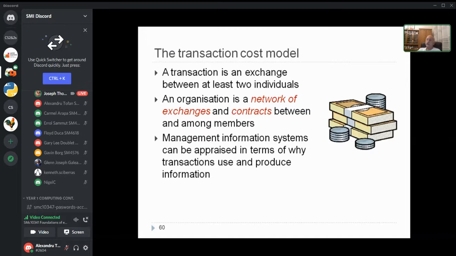We are exchanging contracts with our suppliers, with our customers, internally. So we can appraise management information systems in terms of why transactions use and produce information. What information do we need for these transactions? And we build our information systems based on the information that is required for these transactions.